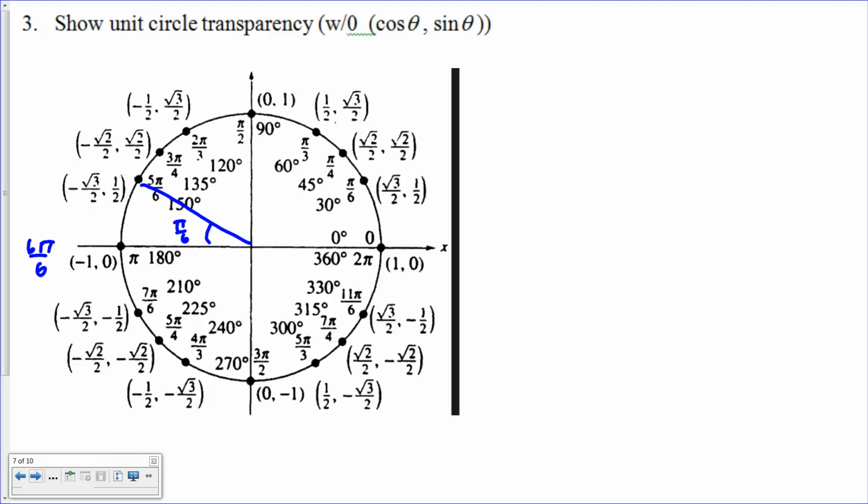You're taking pi, subtracting off pi over 4, and getting 3 pi over 4. You're either adding or subtracting these reference angles to get these other angles as you go along. These are subtracting the reference angles. This is adding the reference angles. This is subtracting the reference angles from pi. Same idea, just with fractions.